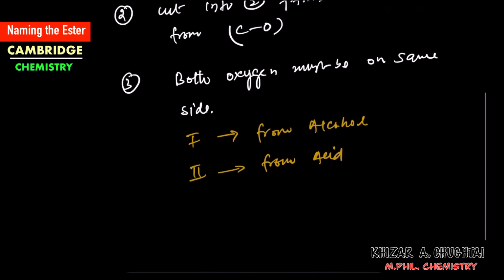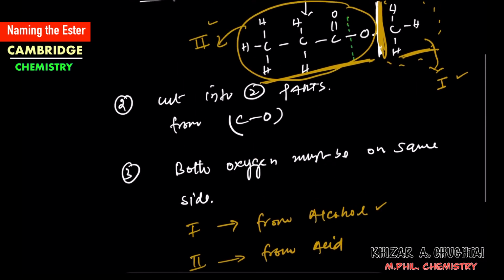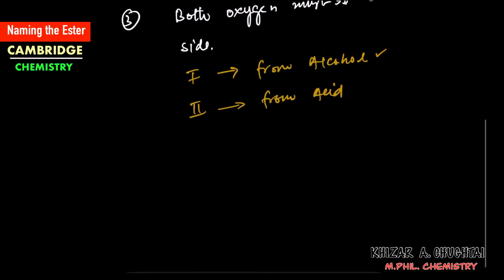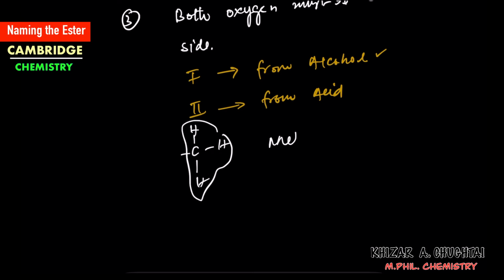So number 1, which comes from alcohol, its name will be written with YL. There is only 1 carbon in this group, so I will write meth. Because it is acting as a branch in this case, we add YL instead of ane.